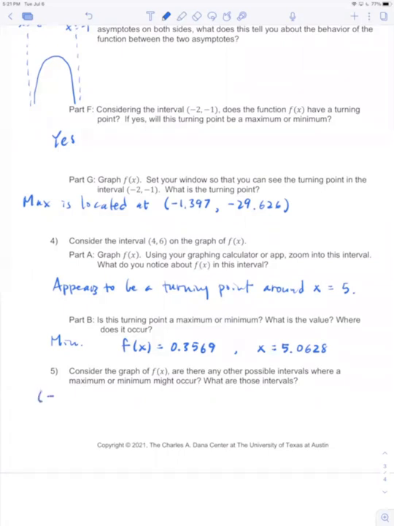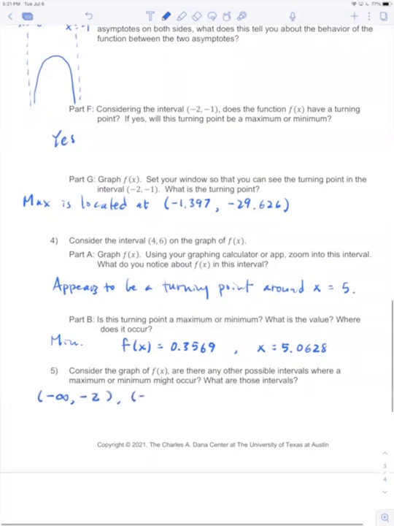So starting from the left and going up, we're going to go from -infinity to -2. And then we have -1 to 1, and between 1 and 4. So there may be turning points in one or more of these intervals. And that's the end of this video.